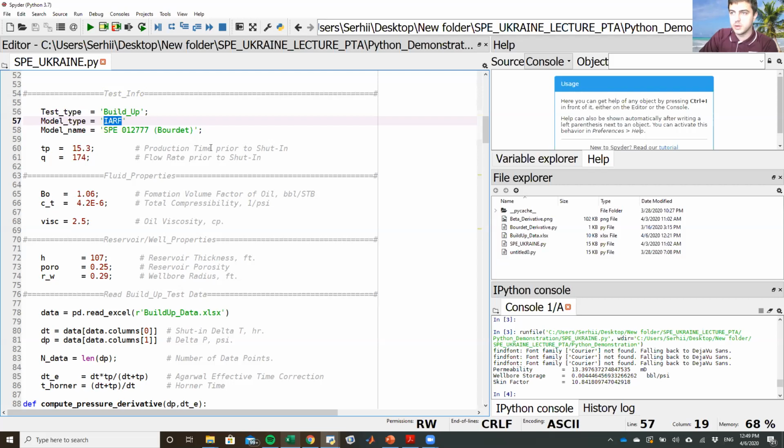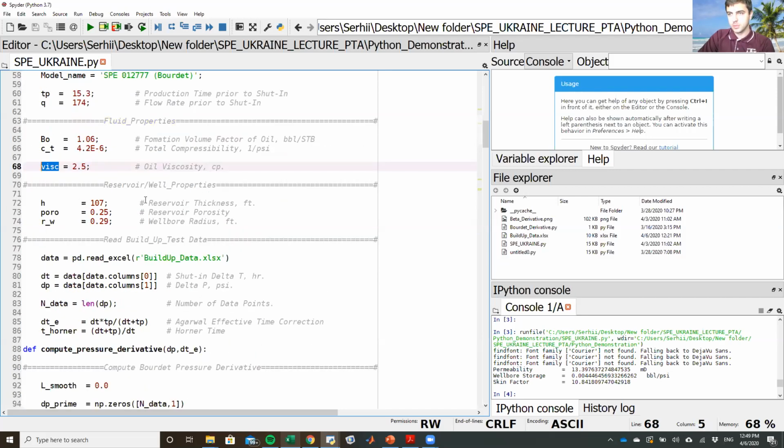What we have here is our production time prior to shut-in and flow rate prior to shut-in, right? We also have to include our fluid properties, such as formation volume factor, total compressibility, oil viscosity. Reservoir and well properties also need to be included, which are reservoir thickness, porosity, wellbore radius.